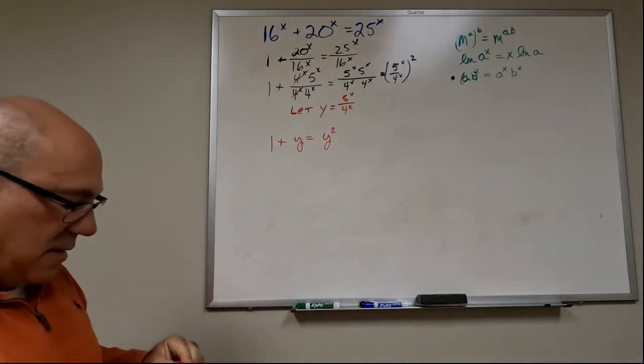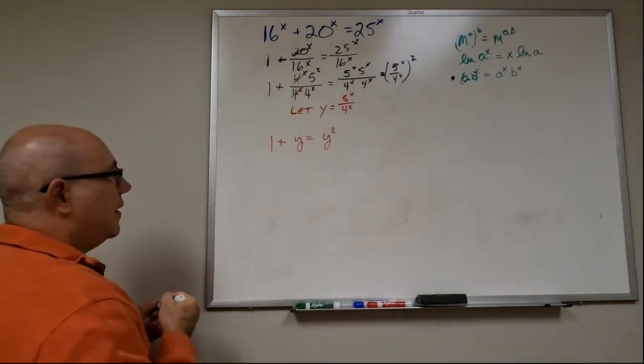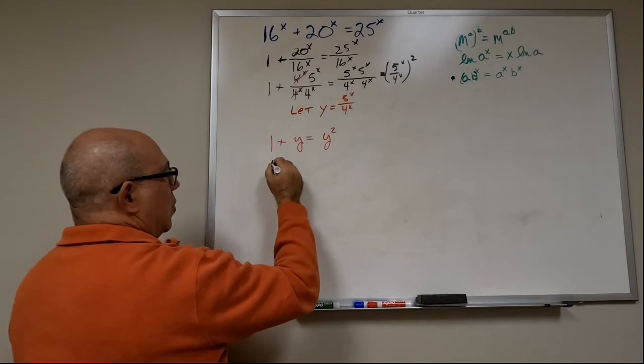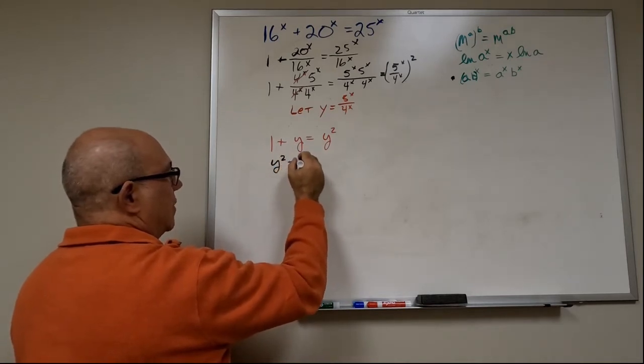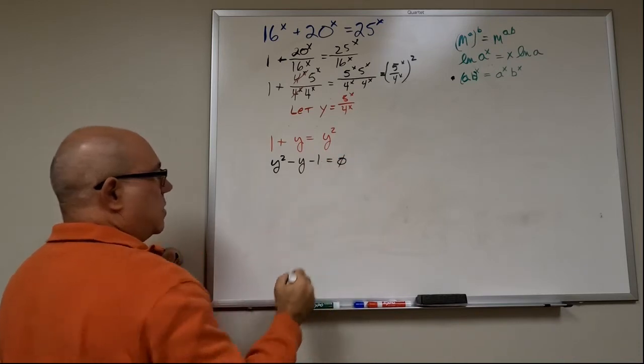And we can simplify that to y squared minus y minus 1 equals 0.